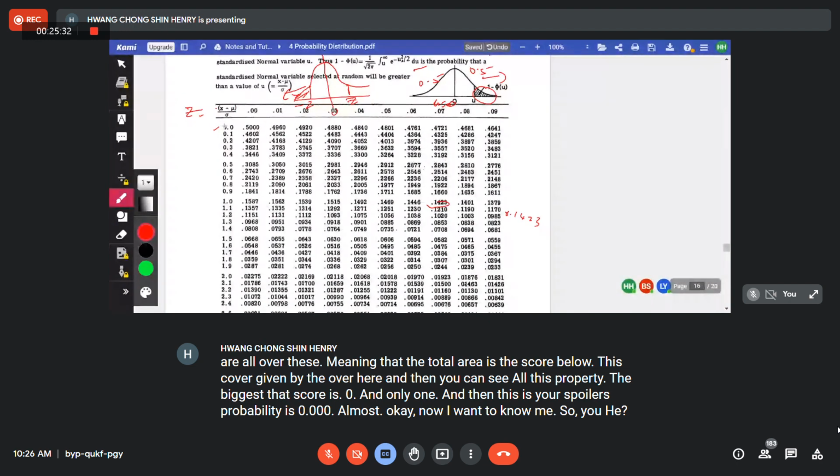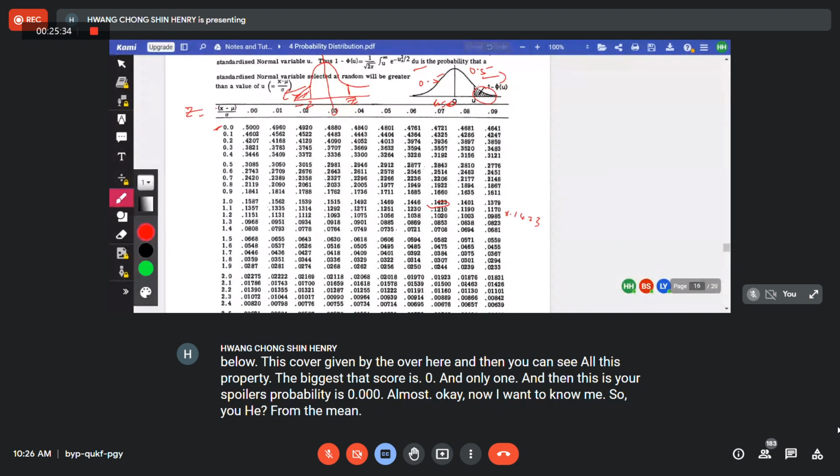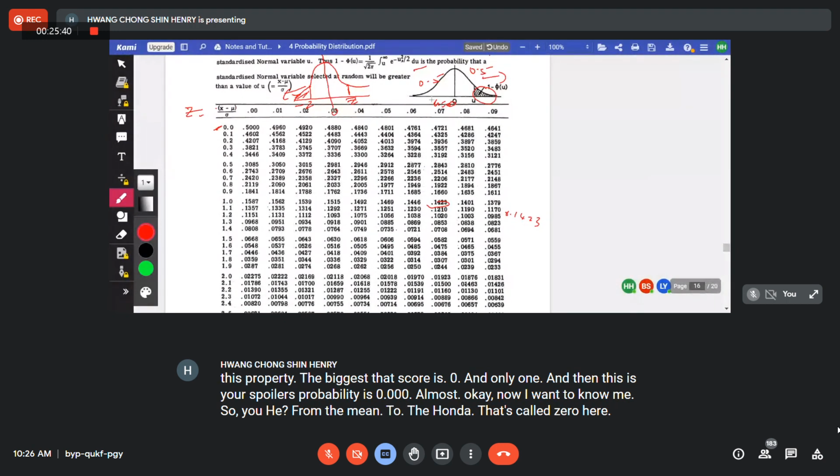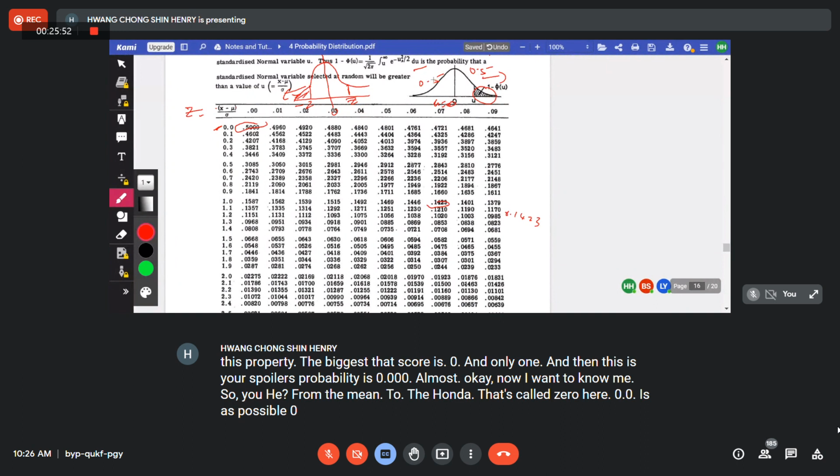That's why, from the mean to the point called 0 here, you see this is 0, which means the mean is 0. The probability is 0.5, 0.00. And that's called 0, which is the mean here. Probably half here and half here.